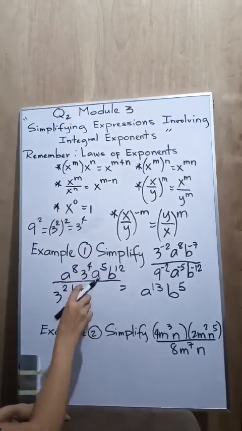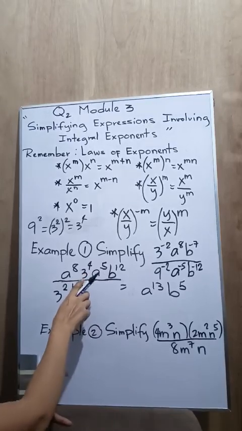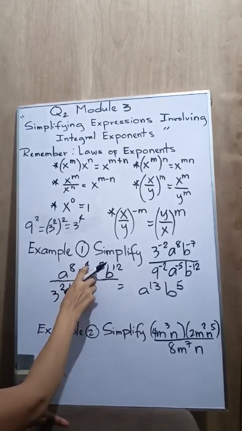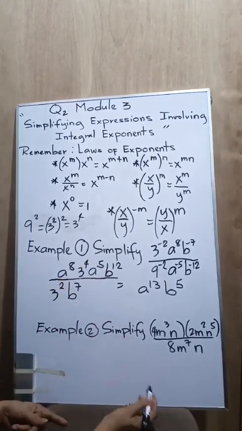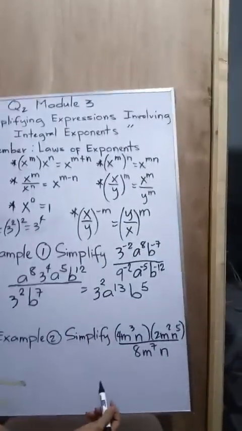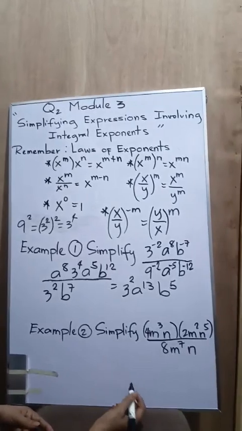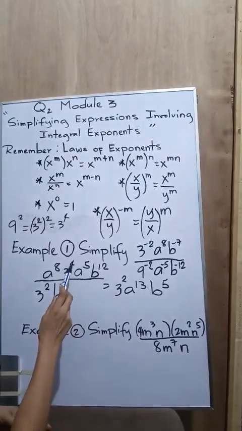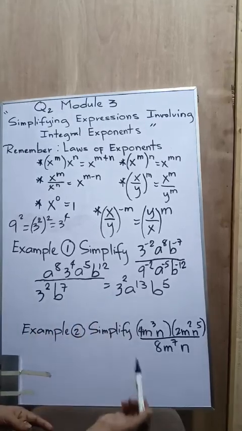And for the base, since 3 and 3 have same base, we just subtract 4 minus 2. So there are 2 powers when it comes to 3. And we get 2 by simply subtracting 4 minus 2, that is 2.